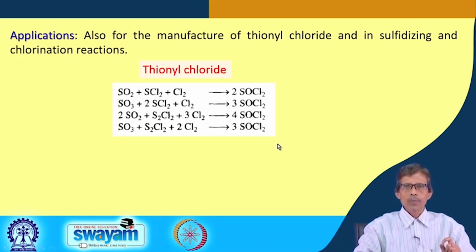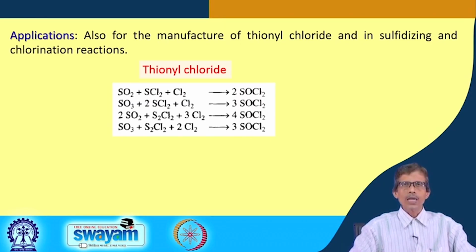So, we should supply something which can transfer oxygen to that particular center. In the first case, it is the simple reaction of sulfur dioxide gas with your sulfur dichloride. That alone will not give you the desired product, that means SOCl2, because you require more Cl2. So, you have to use chlorine gas as the extra source.